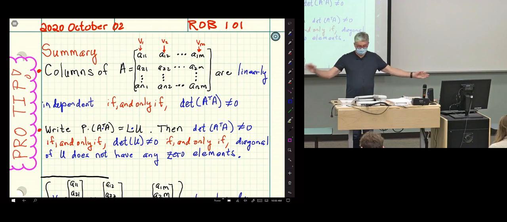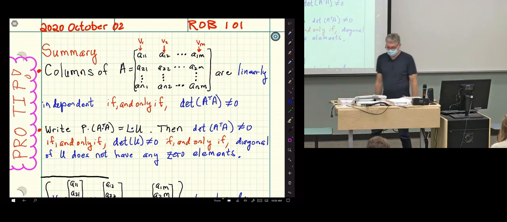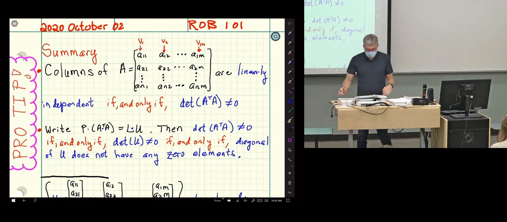So I'll get us back to where we were at the end of class on Wednesday. We're talking about linear independence. We will be relating it to uniqueness of solutions to equations a little bit later today.